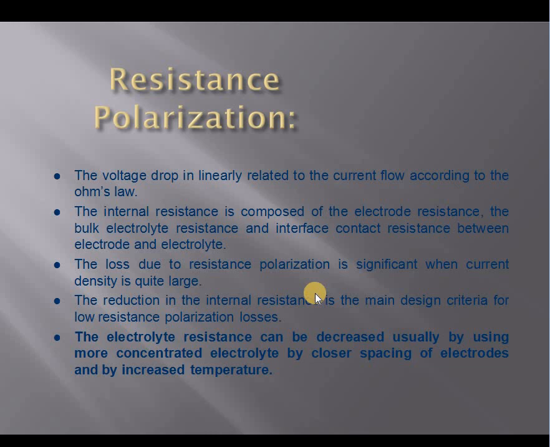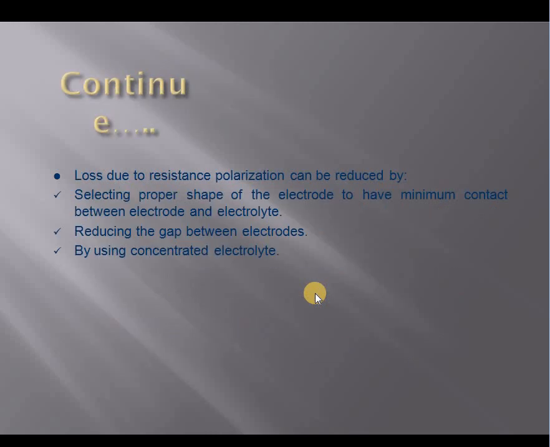To reduce resistance polarization in a fuel cell, you need to decrease the electrolyte resistance, use a concentrated electrolyte, place the electrodes more closely, and increase the temperature. So how is resistance polarization reduced?